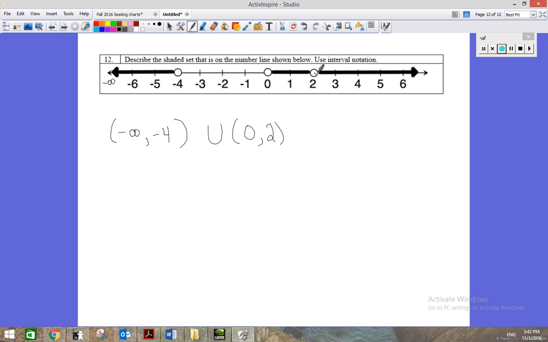Then there's another break in the graph, and I've got a union. And then 2 all the way out to infinity. 2 to infinity, and I never have a square bracket, because negative infinity and positive infinity are not truly numbers. It's an abstract idea. It's that you're heading to the right forever. You're going towards the idea of a largest number, but there is no largest number, so you just keep going to the right.